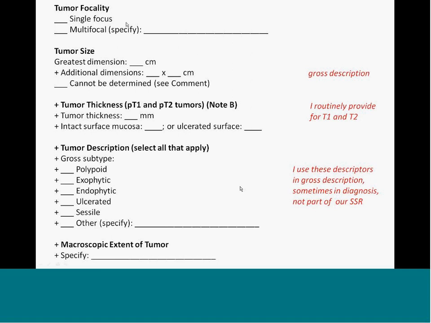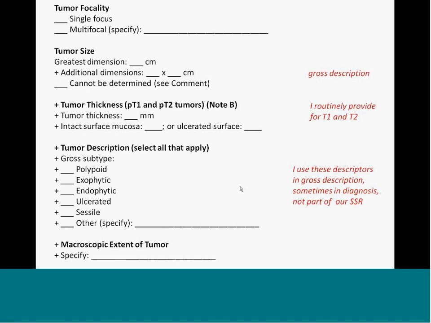Size, I give the greatest dimension in my synoptic reports. An optional element is to give additional dimensions. These are included in the gross description. Next element is the tumor thickness. So I routinely provide these for low-stage tumors.